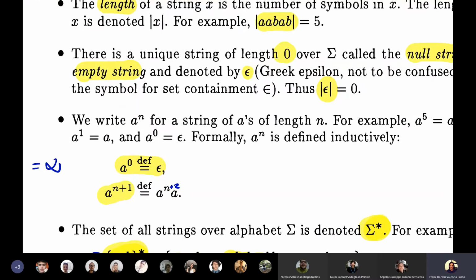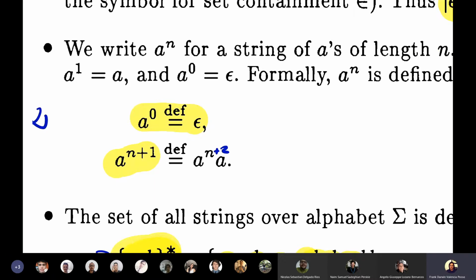You have to use recursive or inductive definitions, and this is a way to define this operation. a to the 0 is defined as epsilon, and a to the n plus 1 is defined as a to the n followed by an extra a.